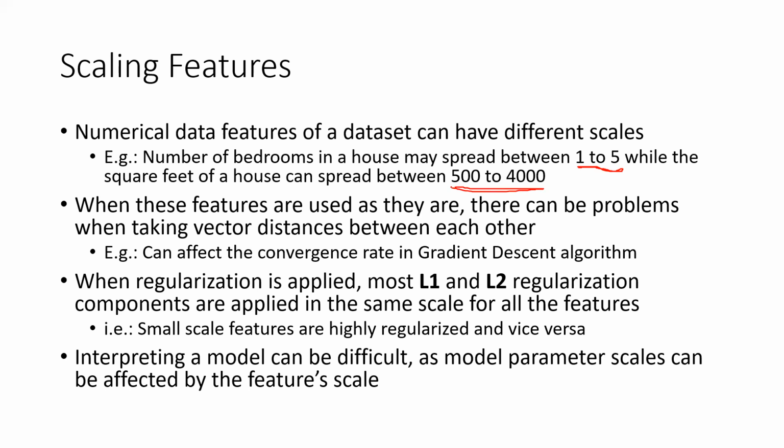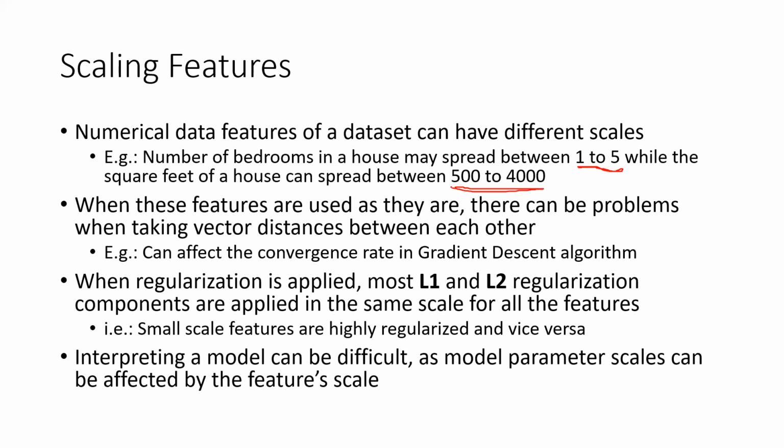Now, those two features are to be used in the same machine learning model, but you see there is a scaling difference between these two features, right? For example, if x1 is the number of bedrooms, x1 ranges from 1 to 5. If the number of square feet in the house is x2, it ranges from 500 to 4,000.